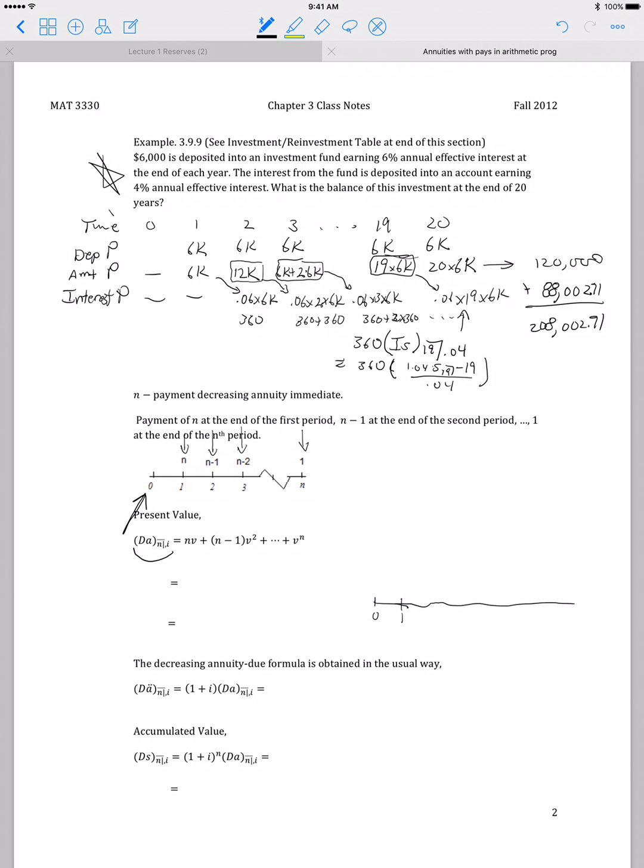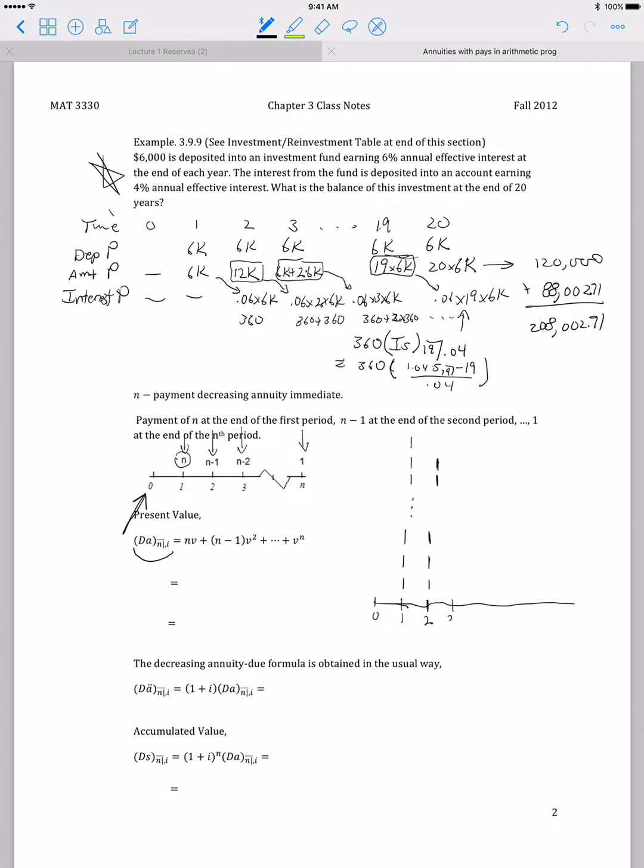At time 1, I take this n dollars and break it up into n $1 payments. I'm just going to stack those $1 payments on top of each other. Let's say there are n $1 payments there. And then at time 2, I stack those $1 payments, and there's one less. There's only n minus 1 of them.